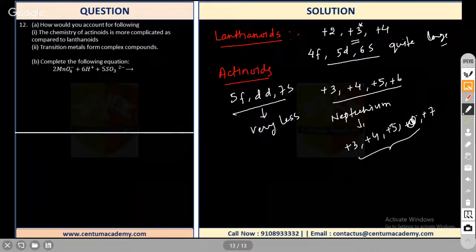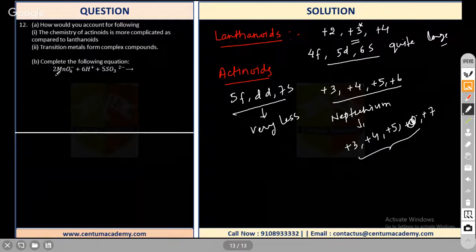What is the answer for the third one? Complete the following equation. Can you balance this? I'll give you this hint, that MnO4 minus is nothing but KMnO4, in acidic medium.